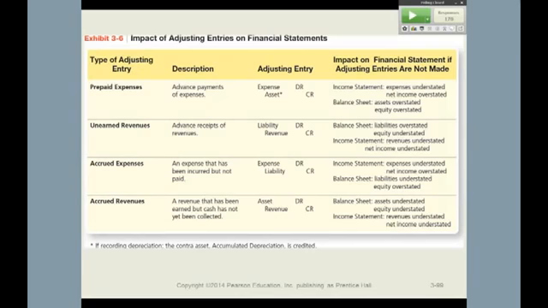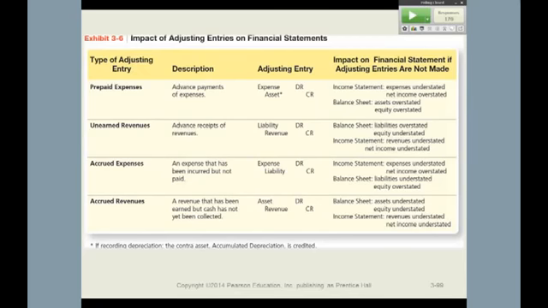Accruals are much different. You have to look at a bill or a statement. So you would get a bank statement that said you earned revenue of $1,000 this month, something you were not aware of before, and then you debit the receivable for interest and credit the revenue.